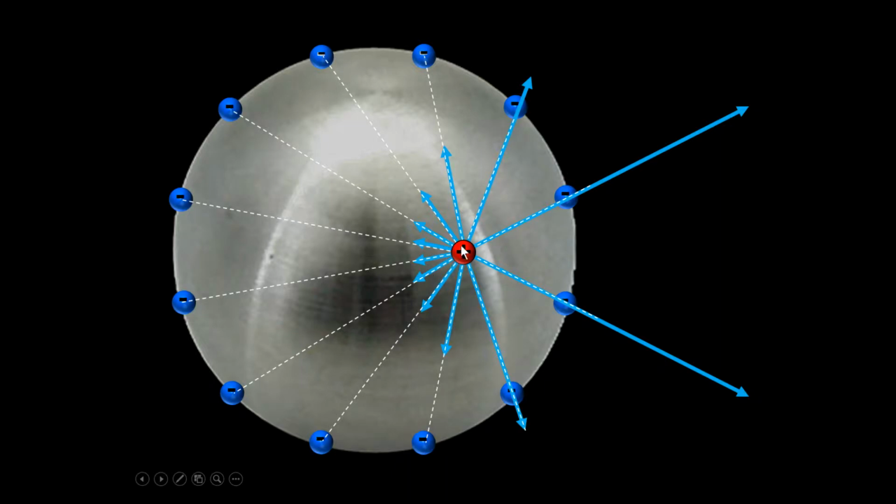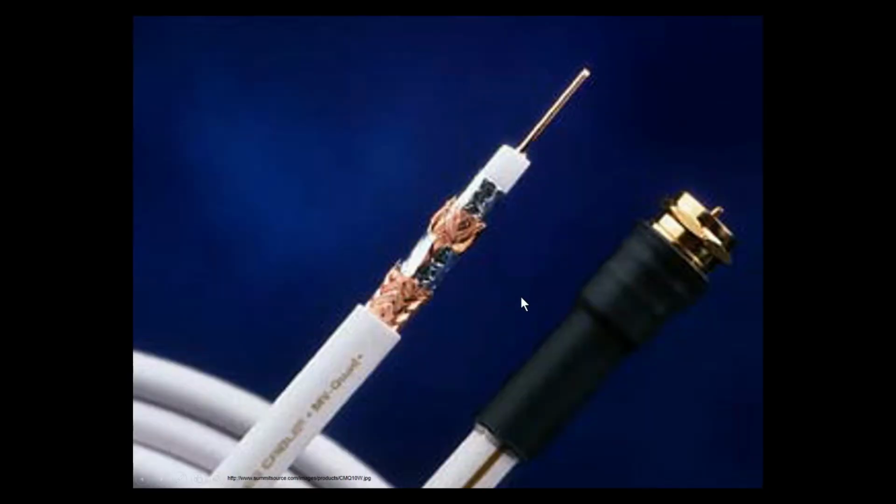But even though these forces are smaller, there's more of them pulling off to the left. And even though these forces are stronger, there's fewer of them pulling off to the right. And it does balance everything out so that everywhere on the inside of that sphere, the electric field is zero.